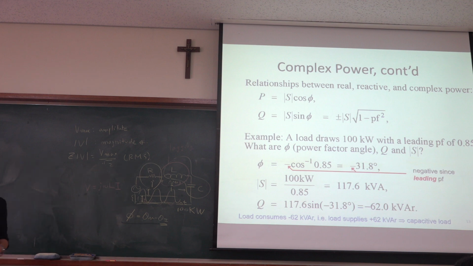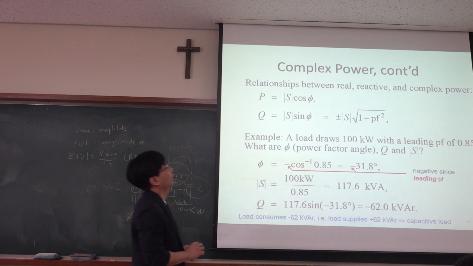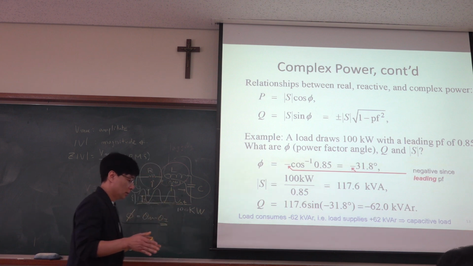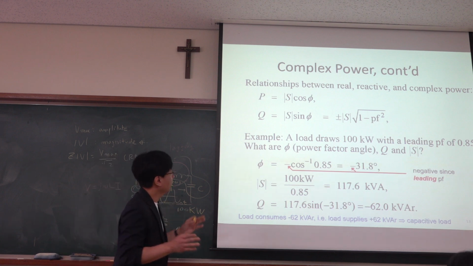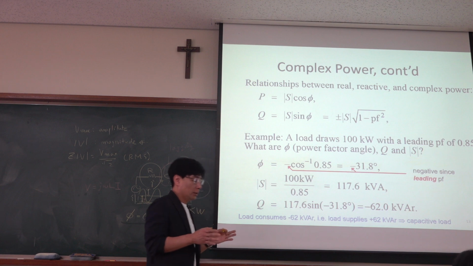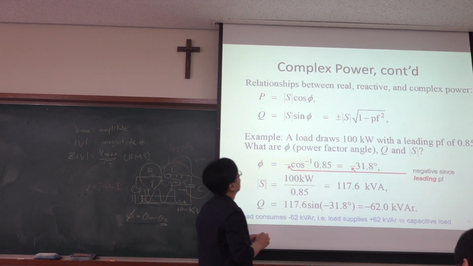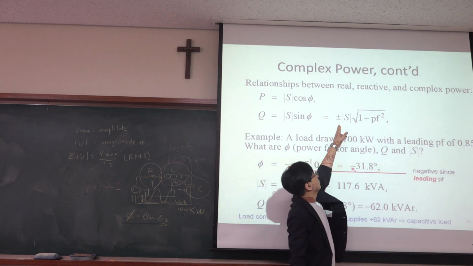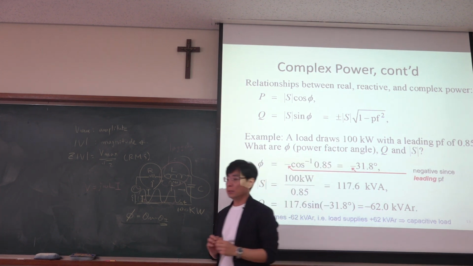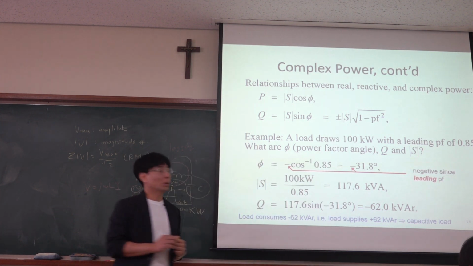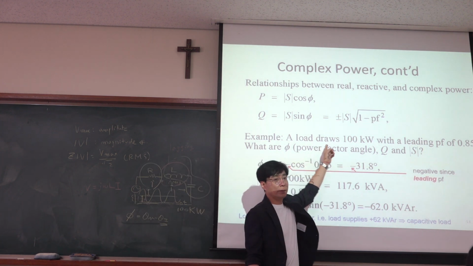So the relationships between real, reactive, and complex power, again: P is the absolute value of S times cosine phi. Q is the absolute value of S times sine phi. But please be patient with that. That can be either positive or negative. So that's why we put a plus or minus sign there.